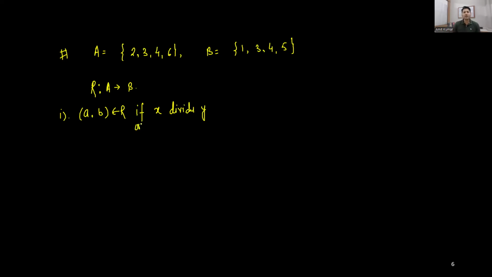The same thing can also be written, in place of saying (x, y) belongs to R, as x is related to y. We read it as x is having a relation with y if x divides y.